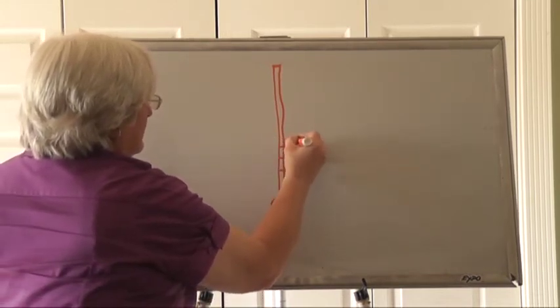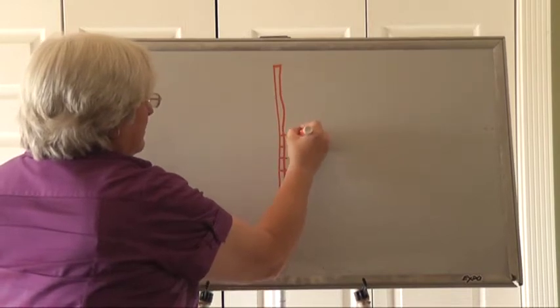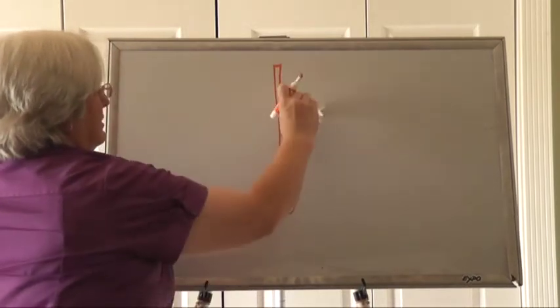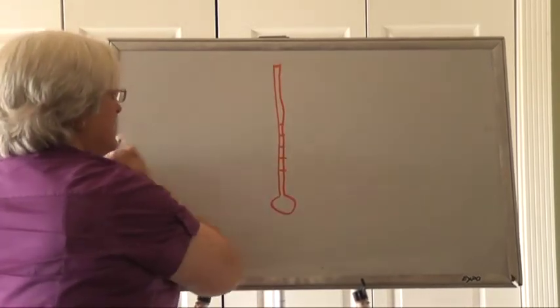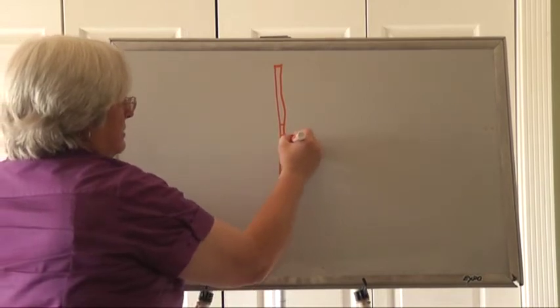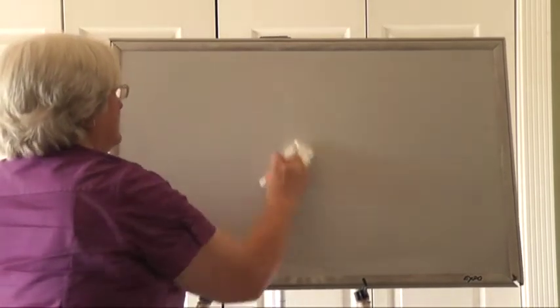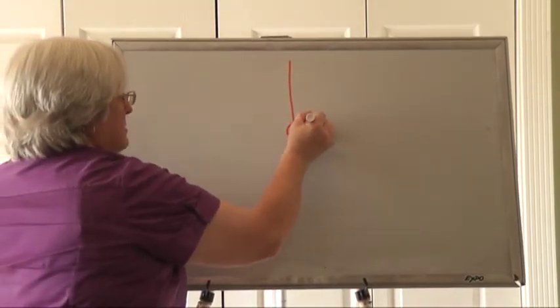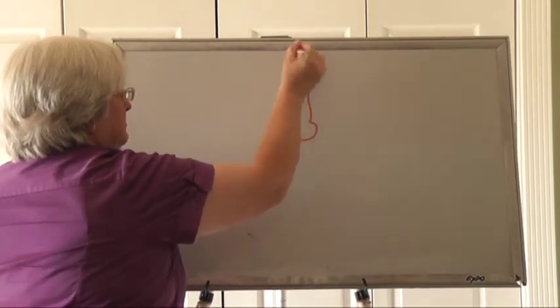10, 20, 30, 40, and my numbers aren't working really well, so I'm going to say 0, 20. Matter of fact, what's nice about having this erasable board is that I can start over.